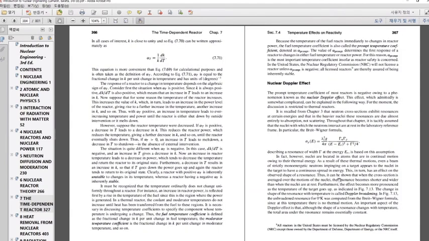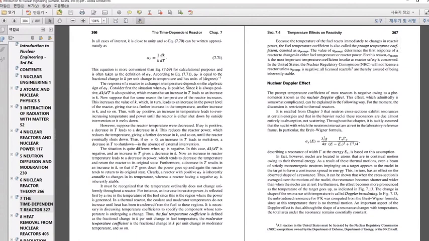And here what I would like to show you is that the temperature of the fuel reacts immediately to changes in reactor power. So how the feedback effect related to the fuel temperature is given is called the prompt temperature coefficient.